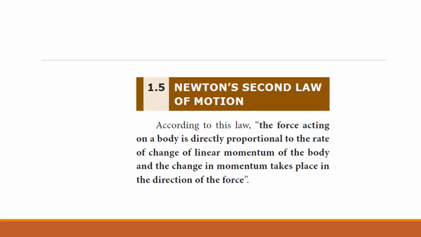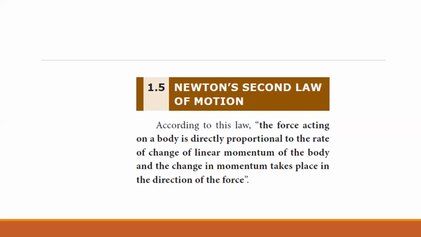For example, if I buy one pen for 5 rupees, 2 pens cost 10 rupees. So the number of pens is increasing and the cost is also increasing. That is called directly proportional. So if the force increases, the rate of change of momentum also will increase. That is called Newton's second law.